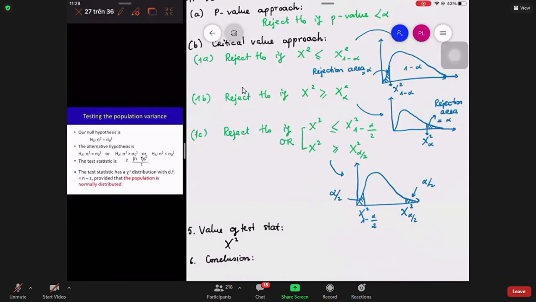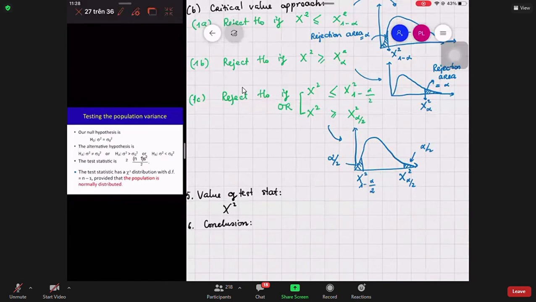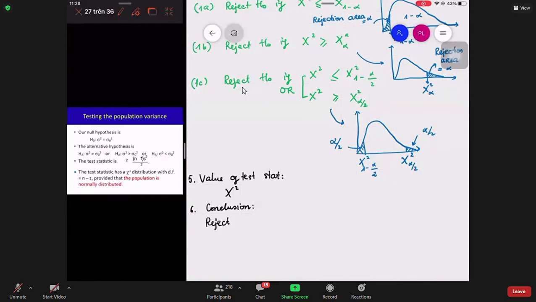Remember that in the conclusion, we either reject H0 or we do not reject H0. If we reject H0, it means that there is enough evidence that the alternative hypothesis is true.